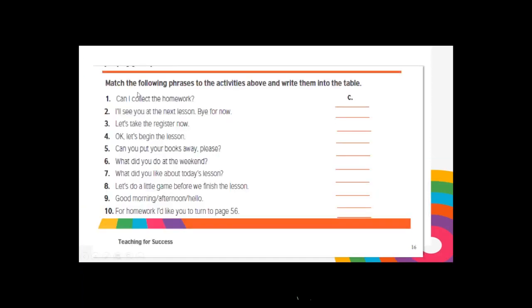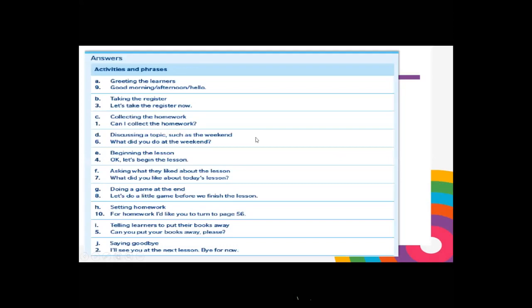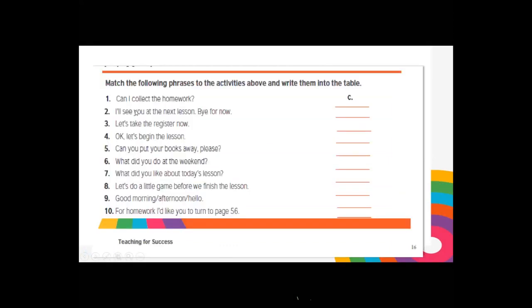So now, that is the same thing we do. Match the following phrases to the activity above and write them into your table. When can I collect the homework? Can I collect the homework? Which approach do you use?